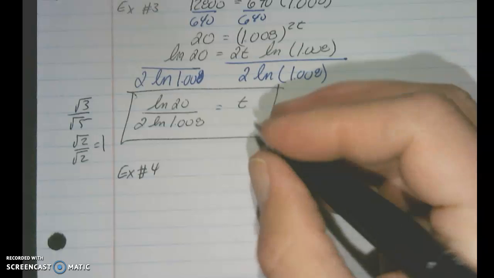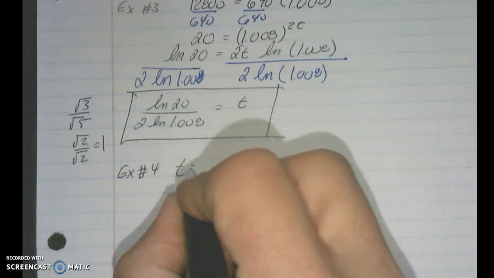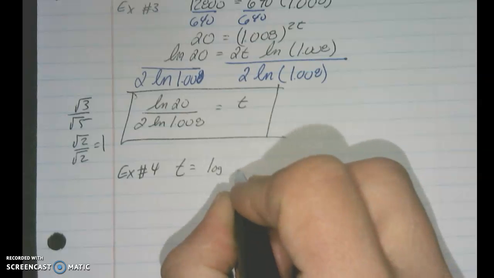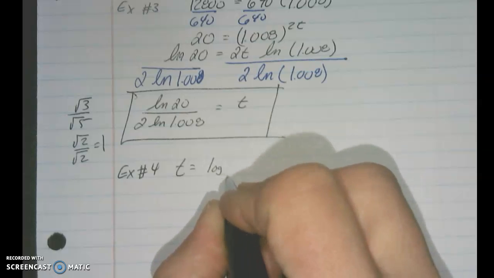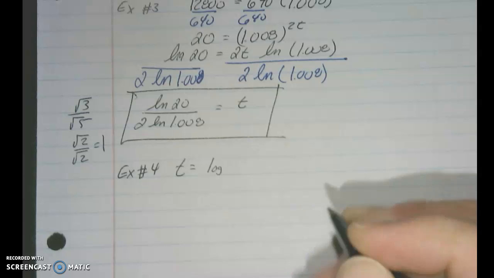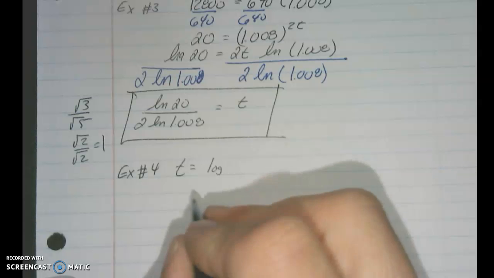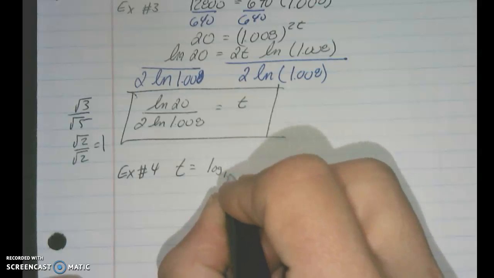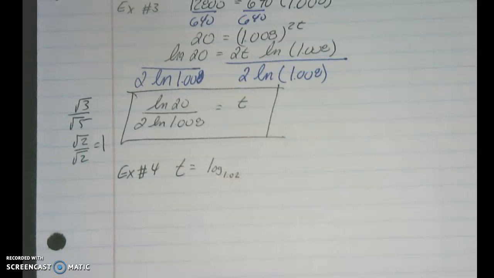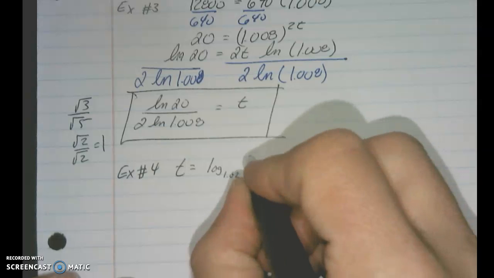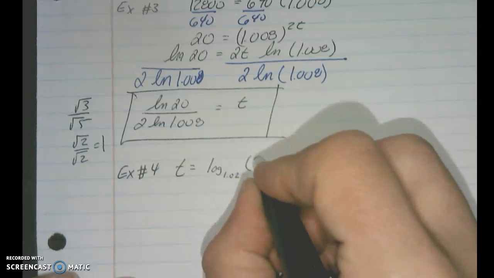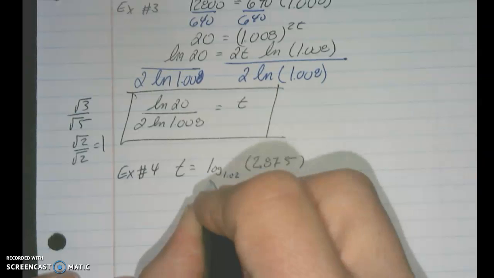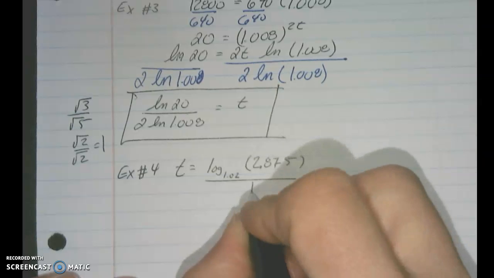Okay, so the next one, you got the log, and this time instead of doing natural log, we're going to do logarithmic. Now, usually a log is going to be base 10, but we can actually change it to be something like this. So that's going to be log base 2, and then we have 2.875 divided by 12.